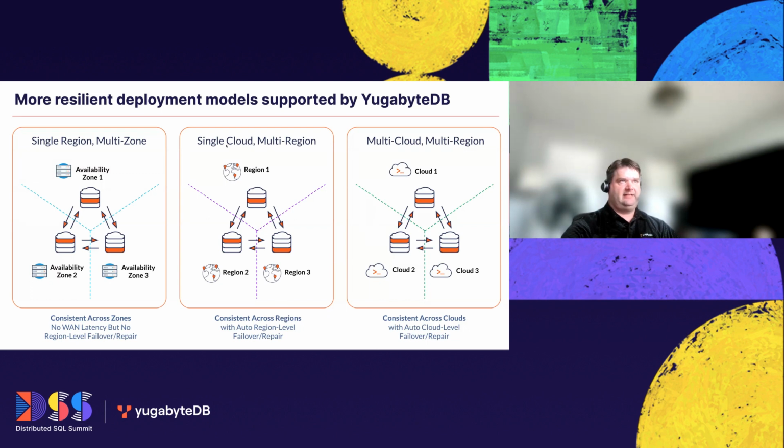And then the next level of resiliency would be at the region level. Again, a copy in each of these fault domains, which is a region. And if a region would go down, your database will stay up. And then we also have multi-cloud, multi-region, right? It gets more complicated. You're actually spreading your database across clouds. And the interesting thing is you can do all of this with Yugabyte. We're going to do the center one, but you can do a multi-cloud with open source.